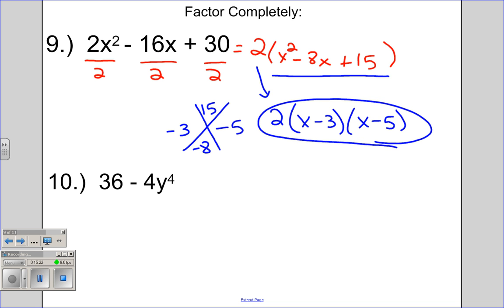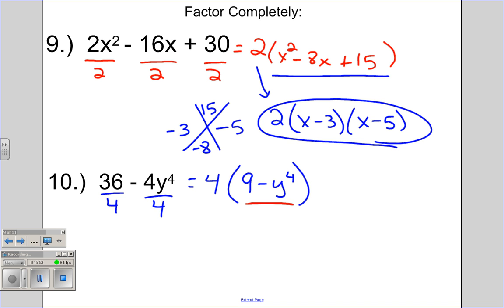And then let's look at number 10. Same thing. Is there a greatest common factor? Yes, there is. 4. So divide each thing by 4. What are we left with? 9 minus y to the 4th. Now you're going to look at this. Can you factor that farther?